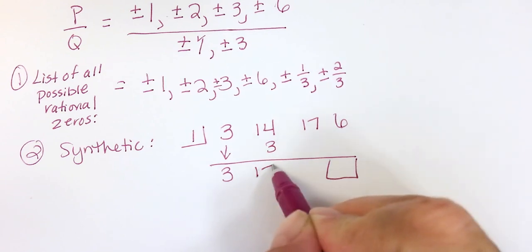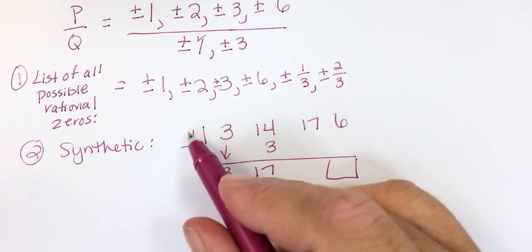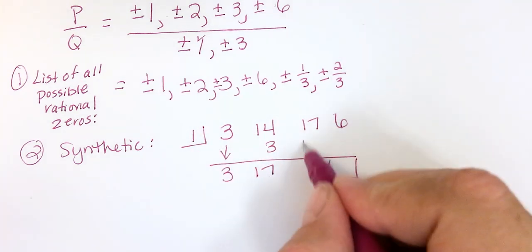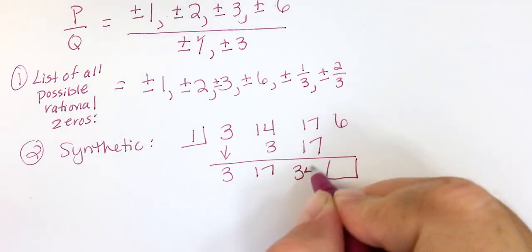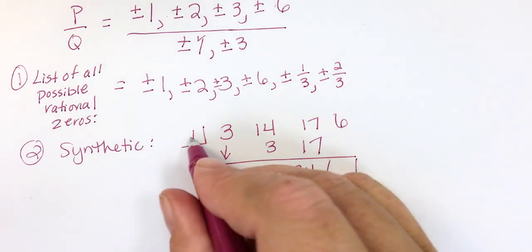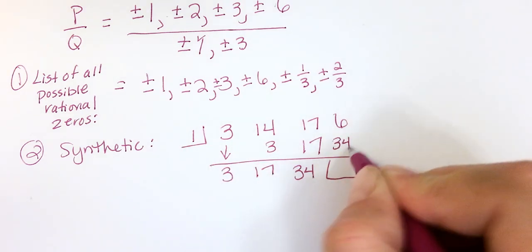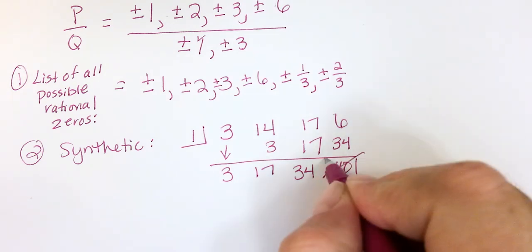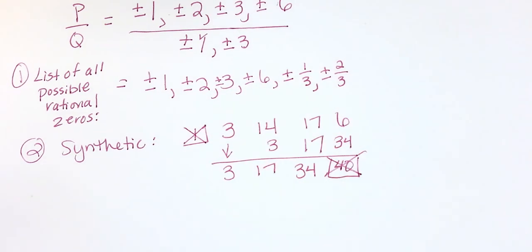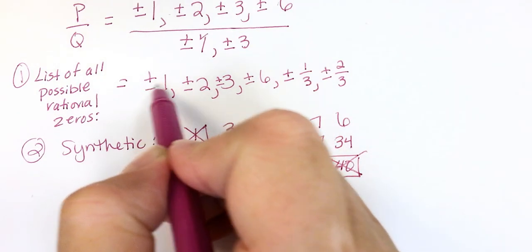That gives me 17. 1 times 17 is 17. This is going to give me 34. 1 times 34 is 34. 6 plus 34 is 40. So this is not going to work, which means 1 is not a 0 of our function. So we tried positive 1.